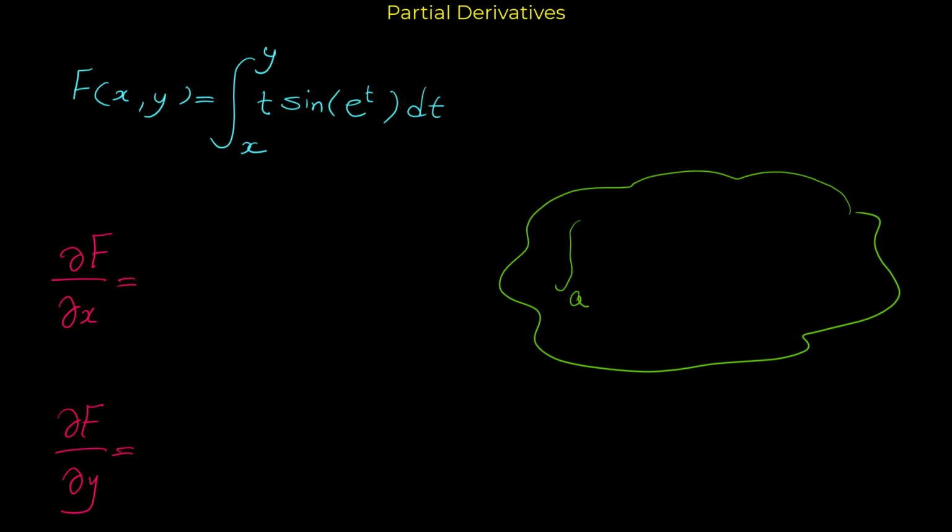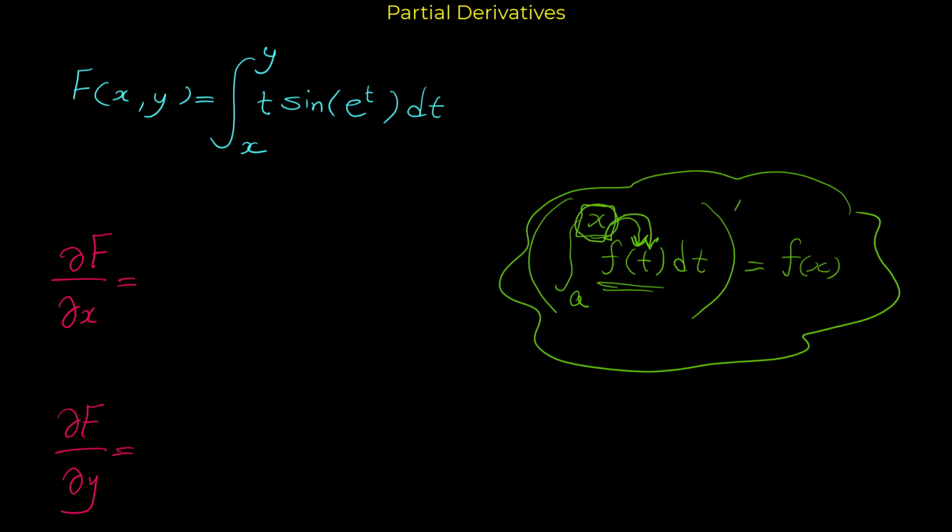When we have the integral from a to x, where a is a number, 2, 4, any number, of any function f(t) dt, if you want to find the derivative of such an expression, its derivative is very simple. Only plug x into the function, and the derivative of this expression is only f of x. So simply only plug in this expression.